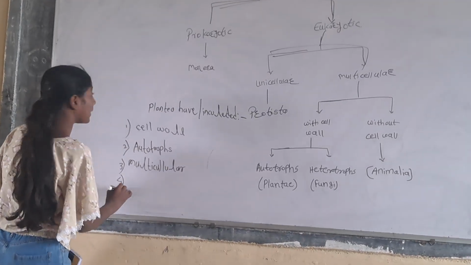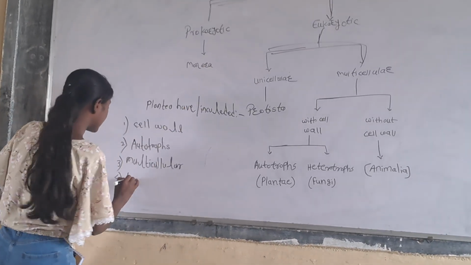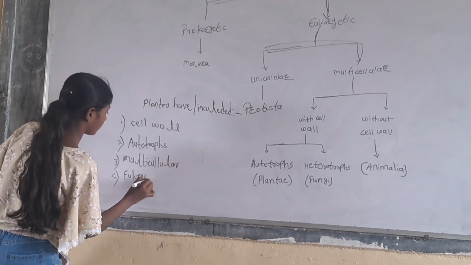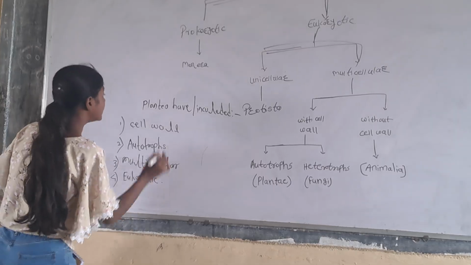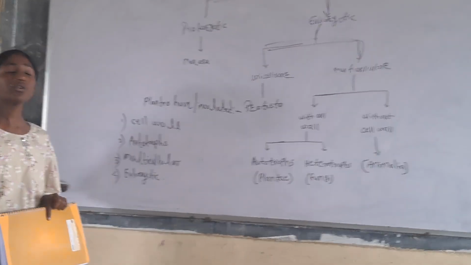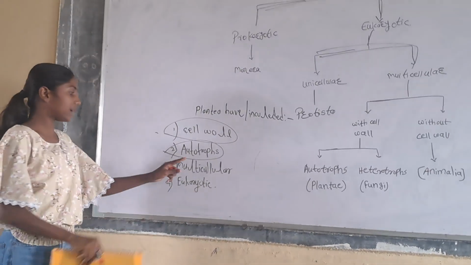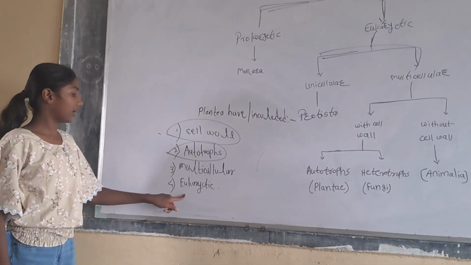And the fourth thing that Plantae have is eukaryotic, means they are eukaryotic. These four things Plantae have, but we know only one thing, that is the autotrophs and cell wall. We don't know they are also multicellular and eukaryotic.